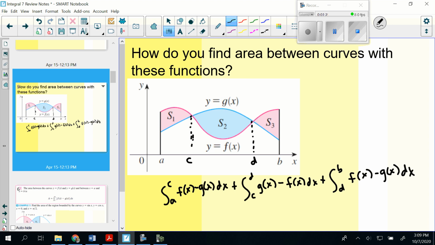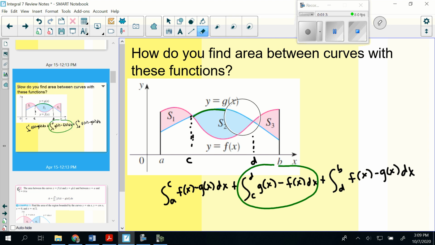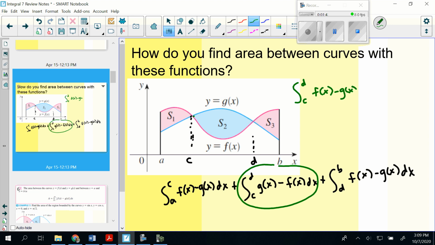And the reason that we would need to switch with this middle one is because here g ends up being the one on top. Now, had we kept this middle integral as C to D, but with f of x first instead of g of x, even though that's not the one on top, that would give us the same value as the one down here, except that it would be the opposite sign.